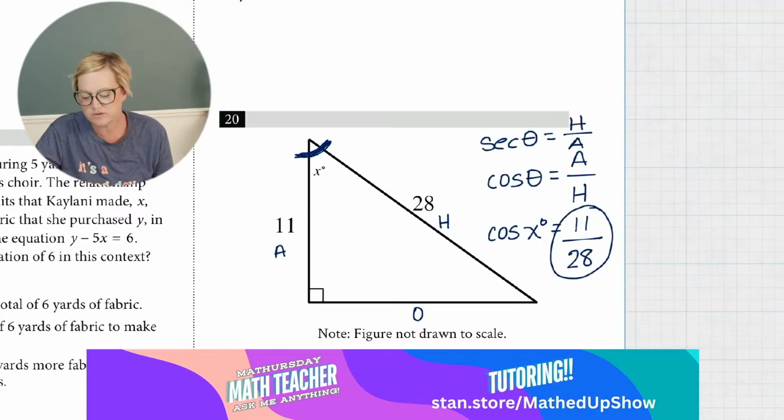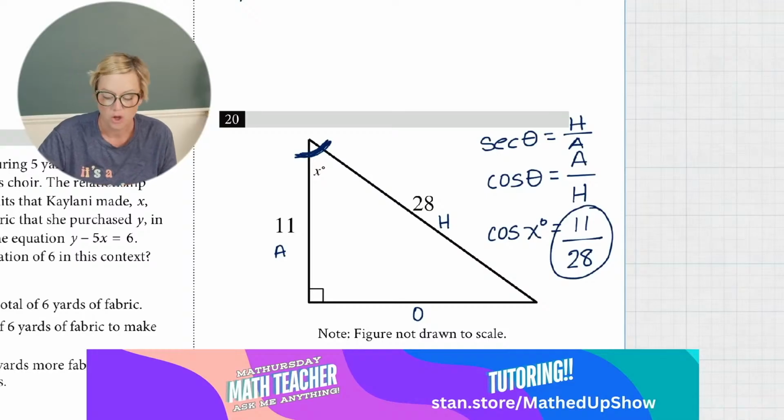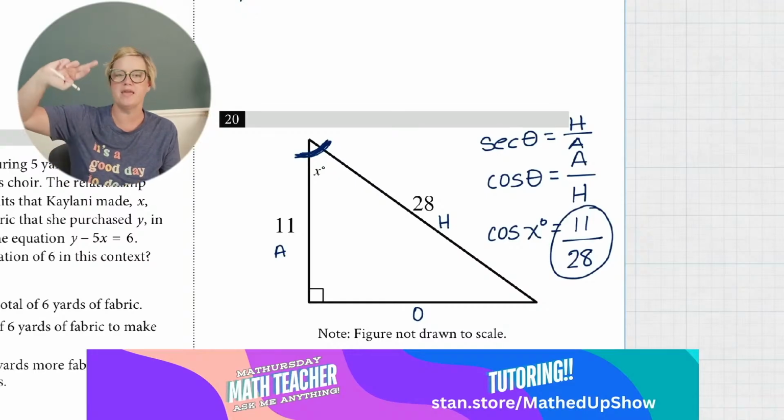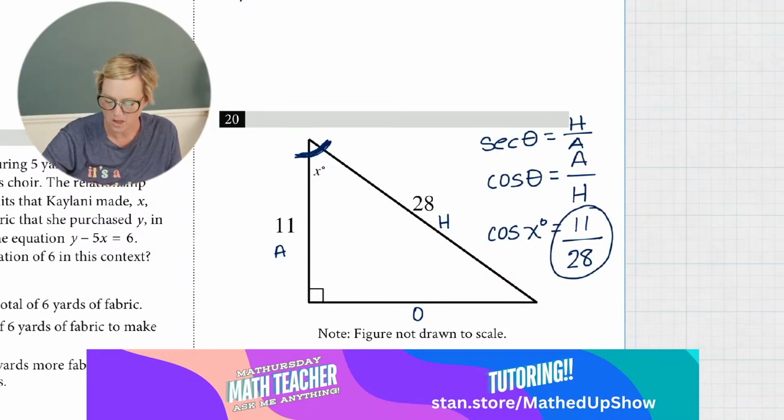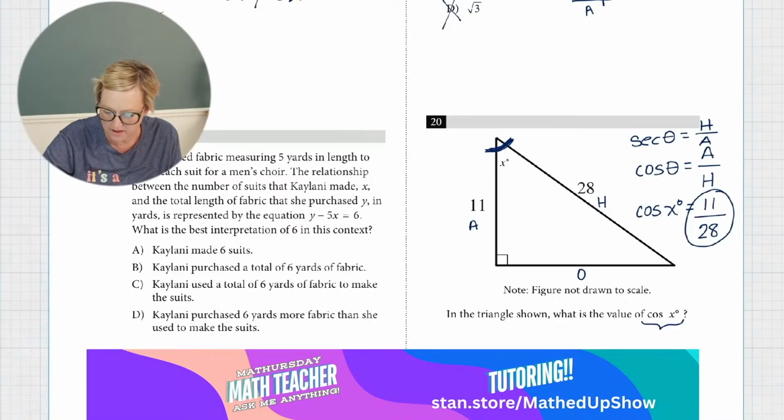Okay, so cosine is adjacent over hypotenuse. Secant is hypotenuse over adjacent. Cotangent is adjacent over opposite. And cosecant is hypotenuse over opposite. Okay, so it's just flipping the cosine, sine, and tangent. That's all it is. Okay, all right, let's take a look at another one.